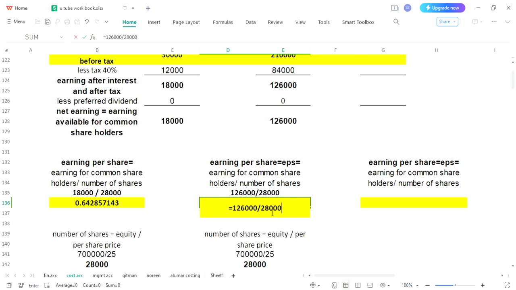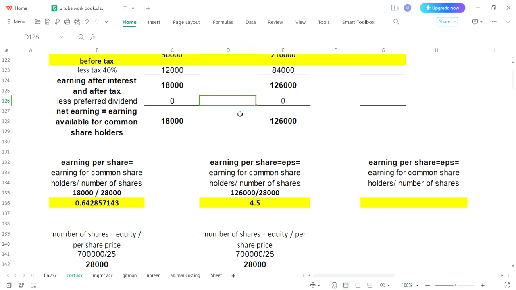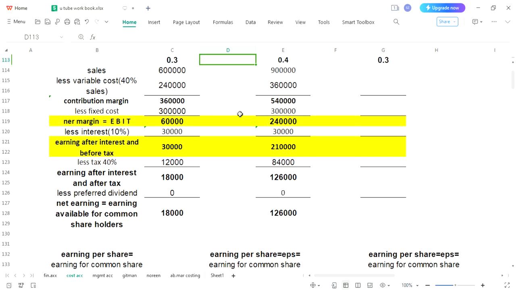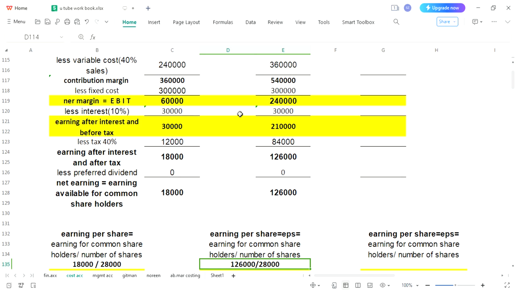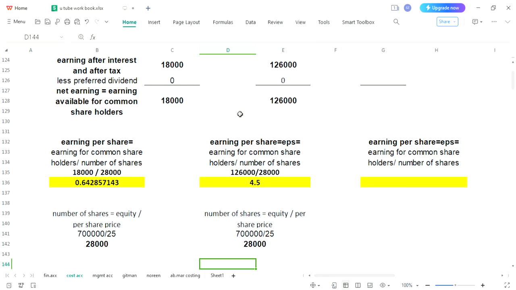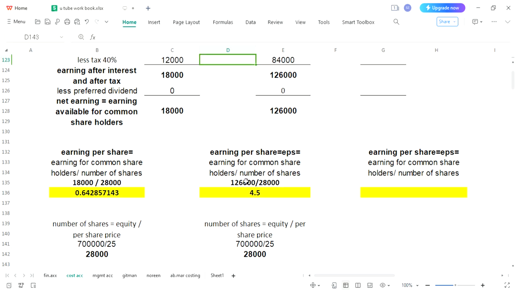In this way we have got our second earning per share, which is 4.5. Second statement completed, second EPS is completed. Please note it down. These answers are absolutely your required answers. When you practice, you can use these answers as your references.